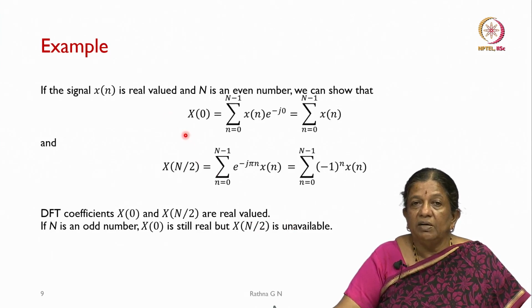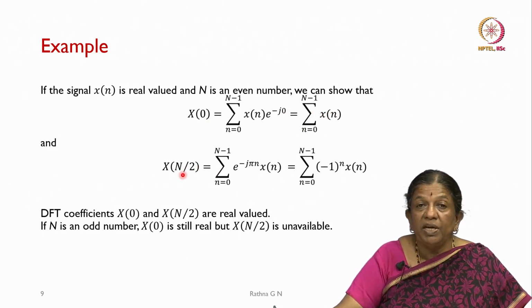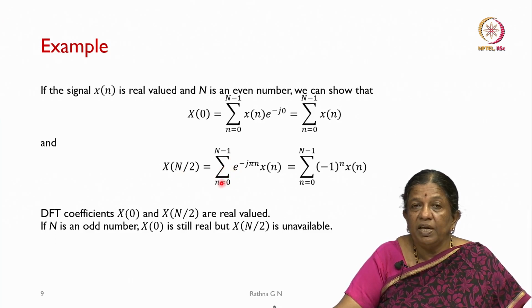So, then what we can see, as an example, is if the signal x of n is real valued and N is an even number, we can show that X of 0, if we substitute, that is n equal to 0 to N minus 1, is nothing but sum of x of n into e power minus j 0, which is nothing but the sum of x of n. And X of N by 2 is represented this way: n equal to 0 to N minus 1, e power minus j pi n into x of n.